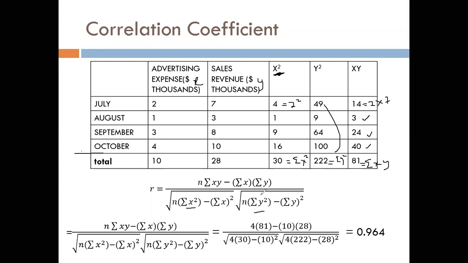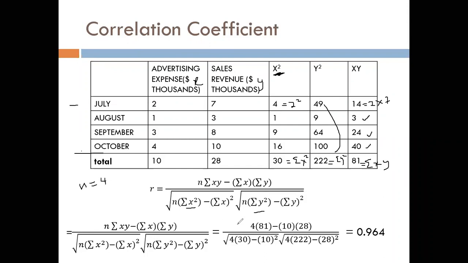So when we fuse these values into the formula, what is going to happen? Our pairs of data was for 4 months, so we have 1, 2, 3, 4. So n equals 4.